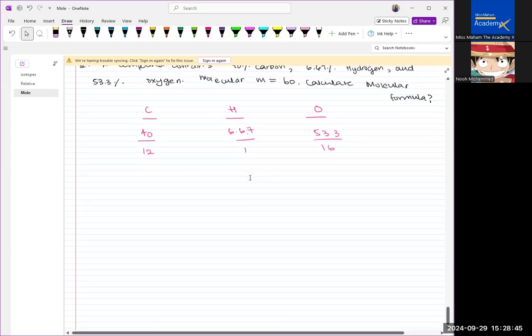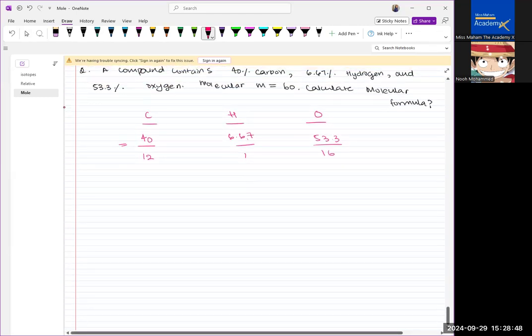Hydrogen is 6.67. So the answers that we get after dividing are 3.33 for carbon, 6.67 for hydrogen, and 3.33 for oxygen again. So the smallest number is 3.33. Let's divide each number by 3.33. We get 1, we get 1 here as well, and here we get 2.003, which is approximated to 2.